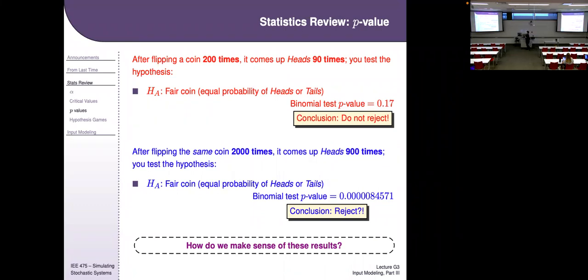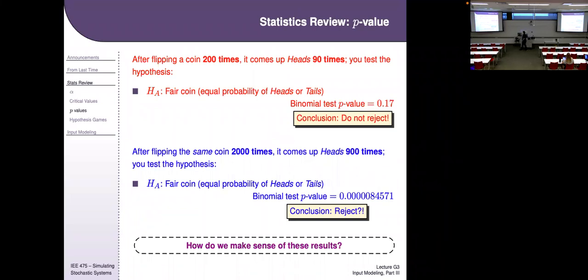In this particular case, we might expect that the fair coin would have 1,000 heads and 1,000 tails. But we also know that a fair coin will sometimes have 900 heads and 1,100 tails. So the question is, how often would a fair coin come up 900 heads out of 2,000, or worse, like 900 or fewer?